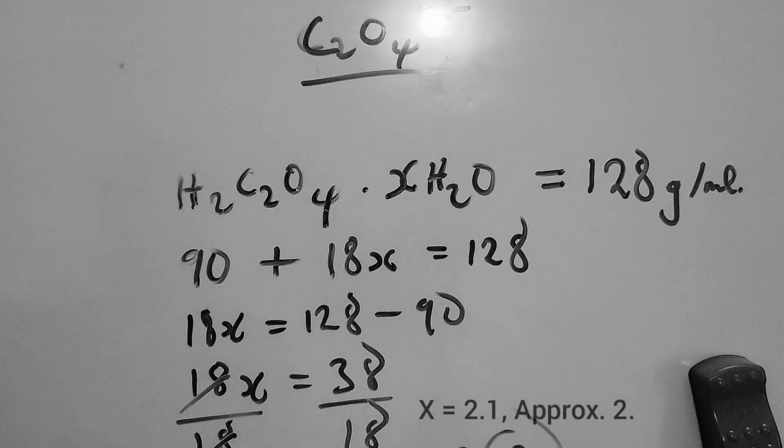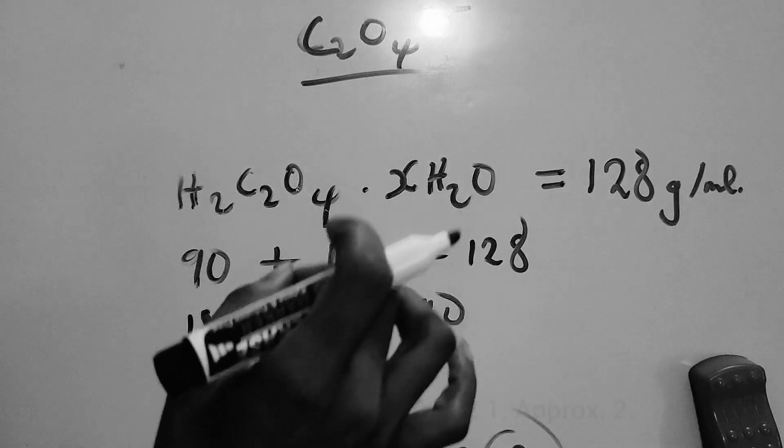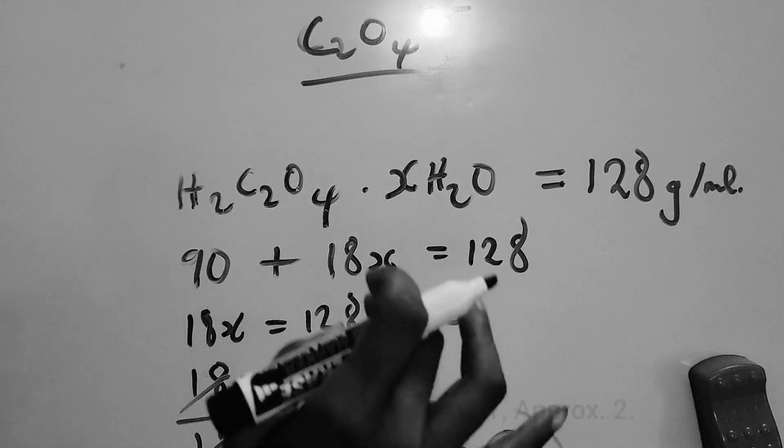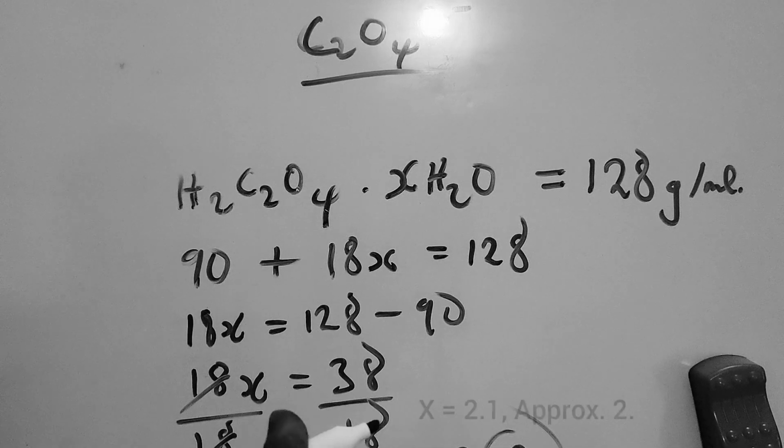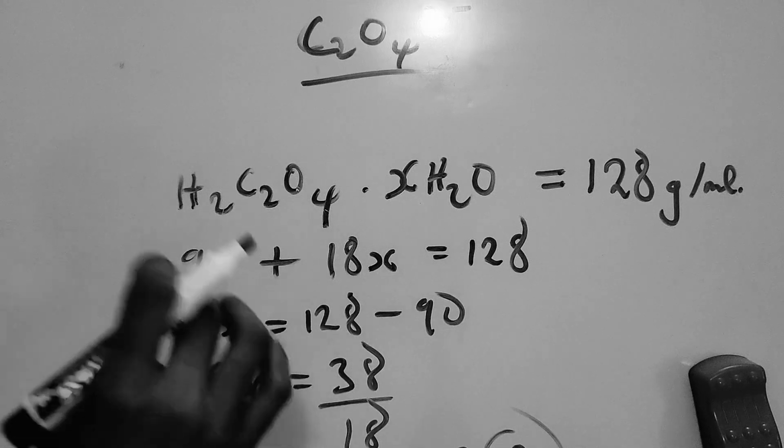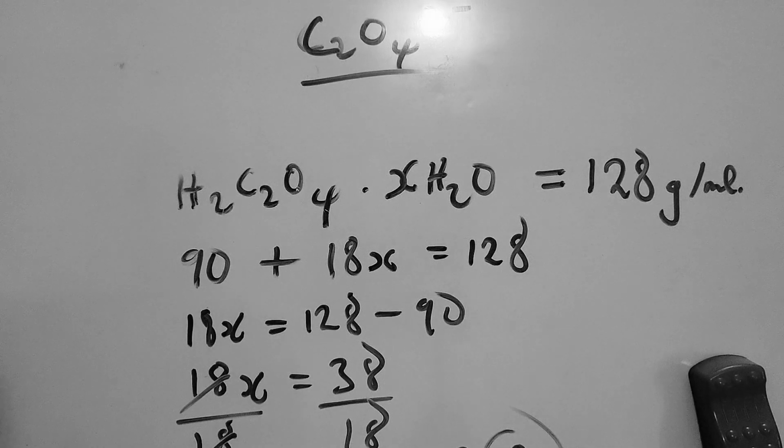So that means your x is 2. So this is essentially how you go about doing these calculations and doing them rightly, so that you don't get to copy and just mess up the whole thing in your exams. So this calculation now is just serving as only one revision out of the 5 experiments that you've done. Okay, this is how you go about these calculations, and good luck.